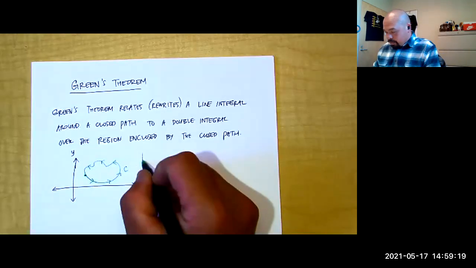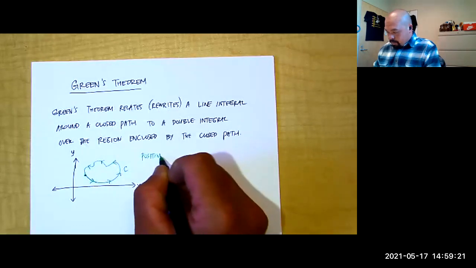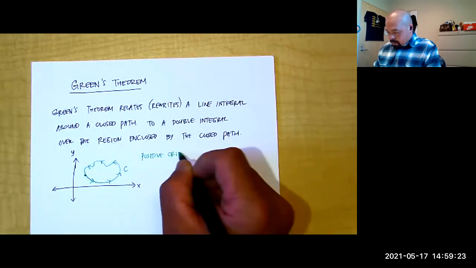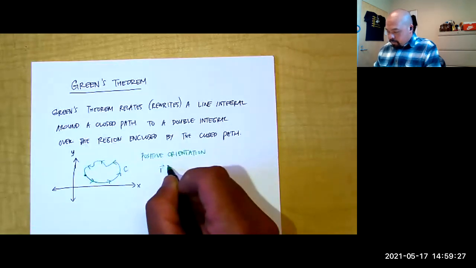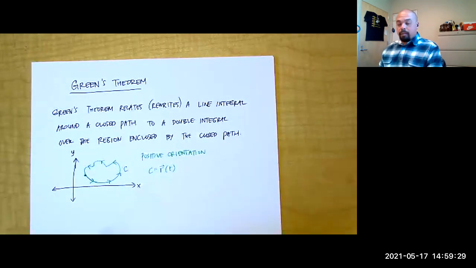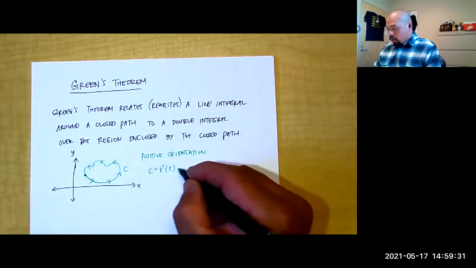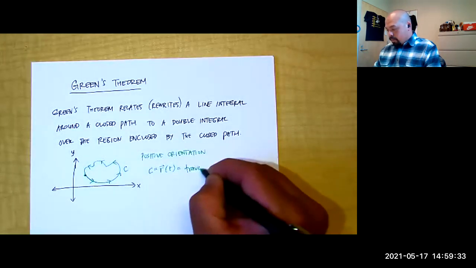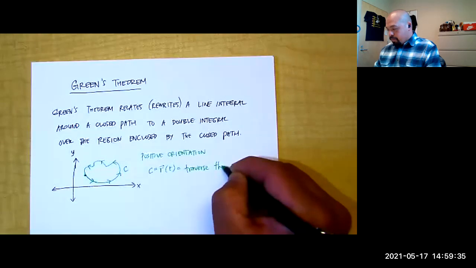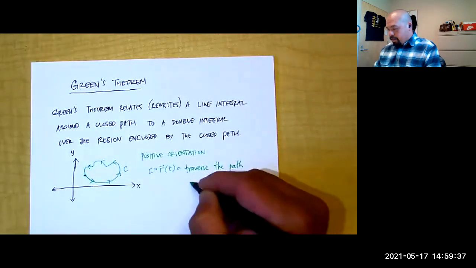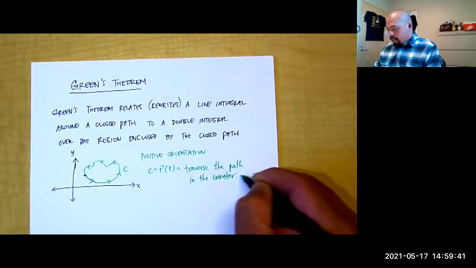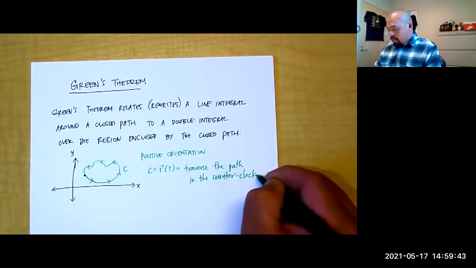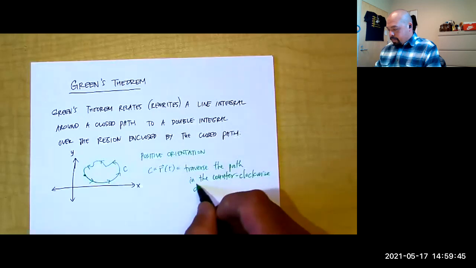That's this positive orientation. Meaning as we think about this r of t that we're going to traverse, we're going to go around that path in the counterclockwise direction.